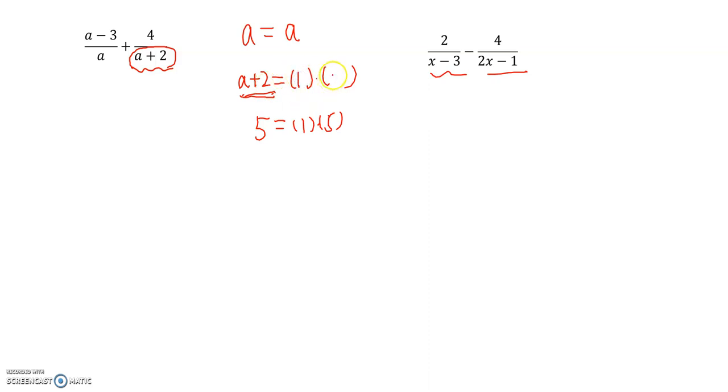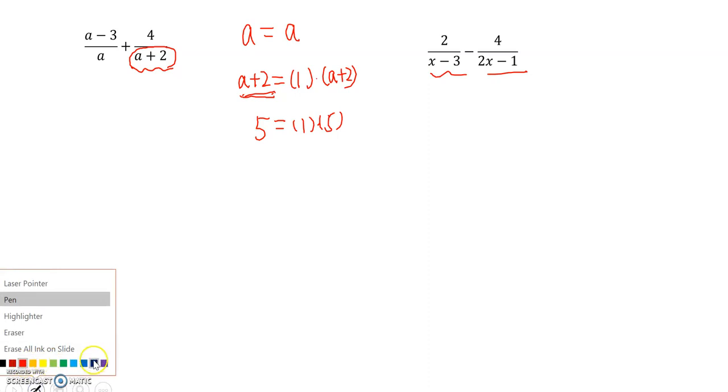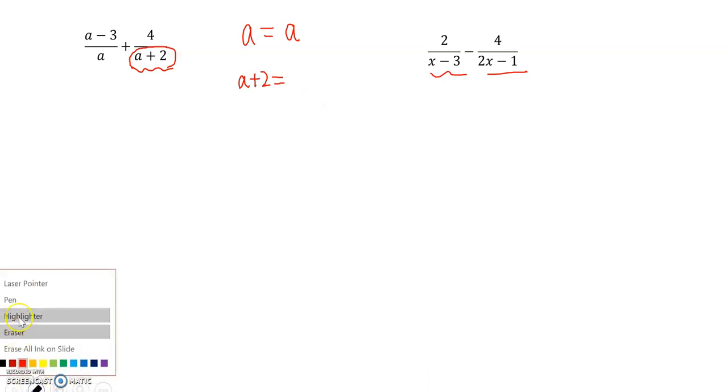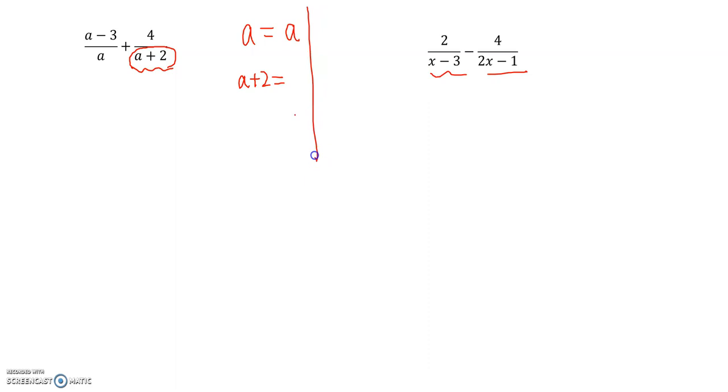The only way is just 1 times A plus 2. So let's look at the factors. A plus 2, again, cannot be factored further, so just think of it as a prime number. Don't think of A as a factor of A plus 2. A is a term of A plus 2, but not a factor.